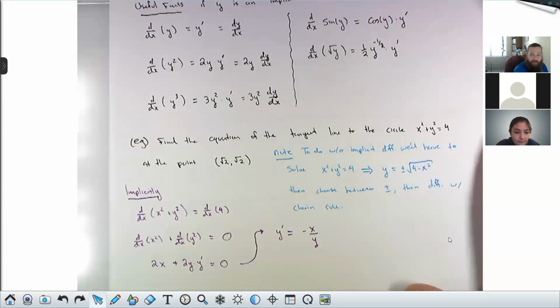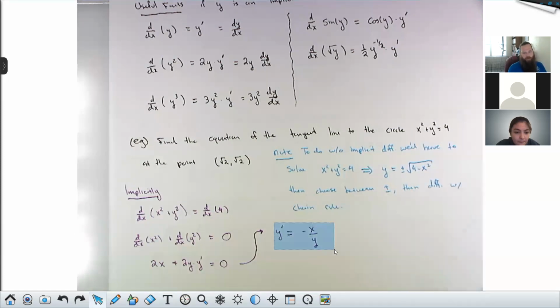And this is an implicit expression, right? Again, if I wanted an explicit expression for y prime, I would have to take this and plug it in down here. But I don't care, because I'm just after the slope of my tangent line, and I know the point.